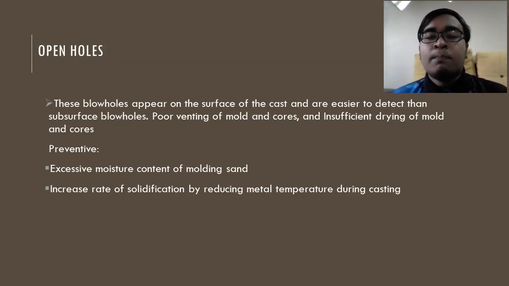Now we go to open holes. These blowholes appear on the surface of the cast and are easier to detect than a subsurface blowhole. The cause for the open holes is poor wetting of the mold and core and insufficient drying of the mold and core.